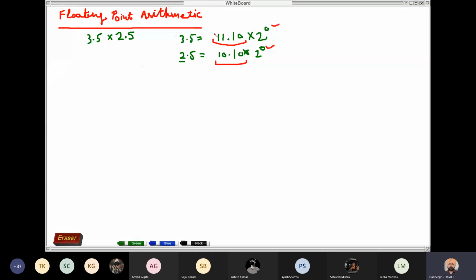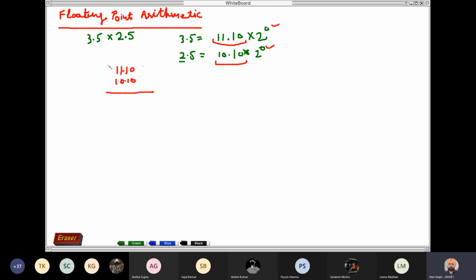The first step is to multiply the mantissas 11.10 and 10.10. We can use simple multiplication. Write 11.10, then 10.10.